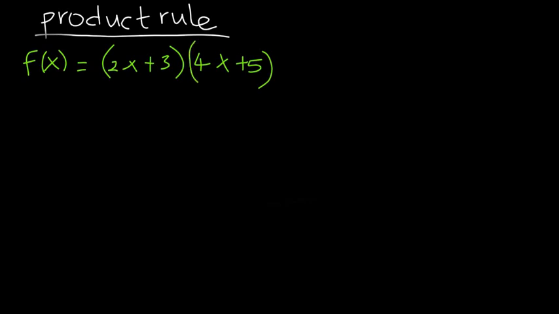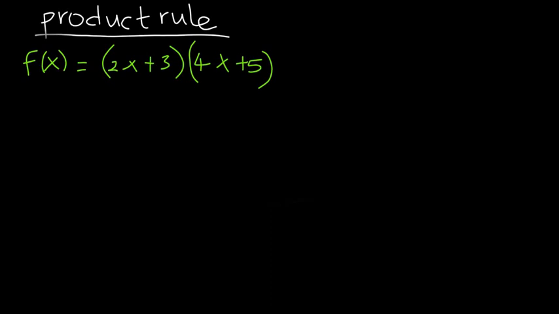For example, if we have a function, let's say f of x is equal to (2x plus 3)(4x plus 5). One can decide to use the product rule to find the derivative of such a function.